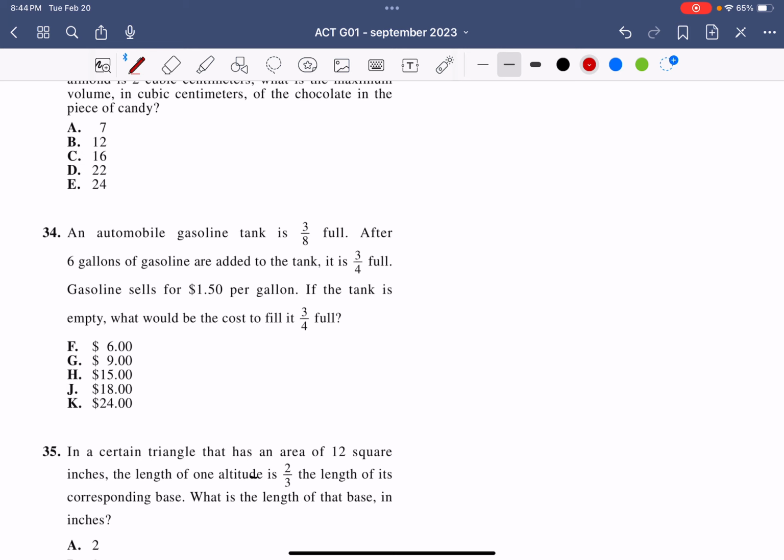So let's try to visualize this for a second. So this is my tank, and it's about 3/8 full. So that's 3/8 of a tank. We're adding stuff into it, and specifically we're adding 6 gallons. And now our tank is 3/4 full.